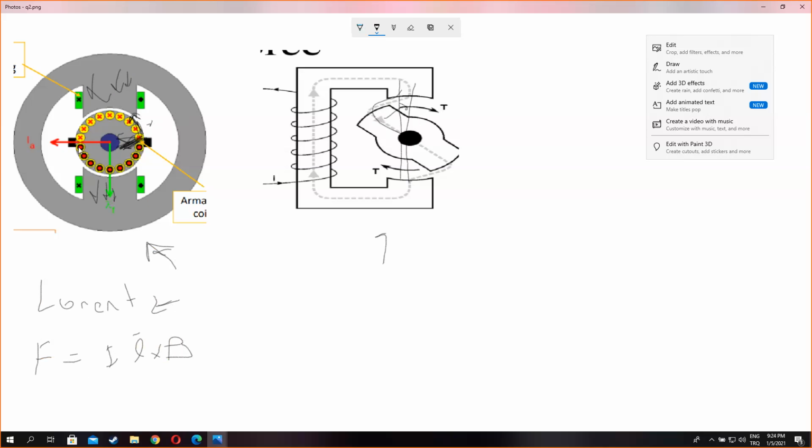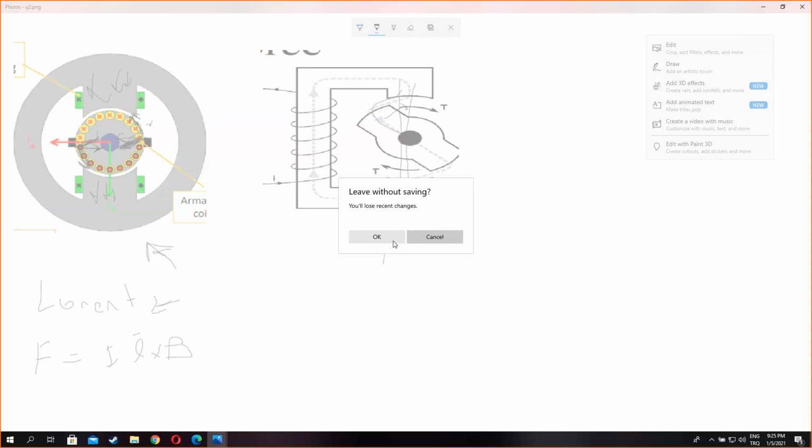The same thing is valid for the other side, because in this part the direction of the current is changed, and by the right-hand rule, this is the force, this is the tangential component of the force, and this is the normal component of the force. So I think that is enough for the second question, and let me move to the third question.